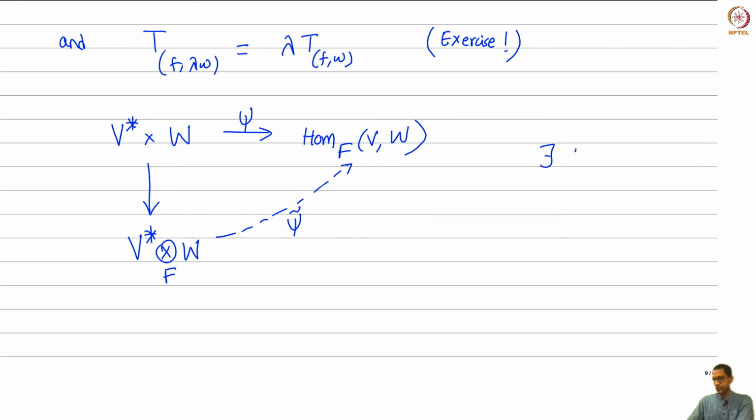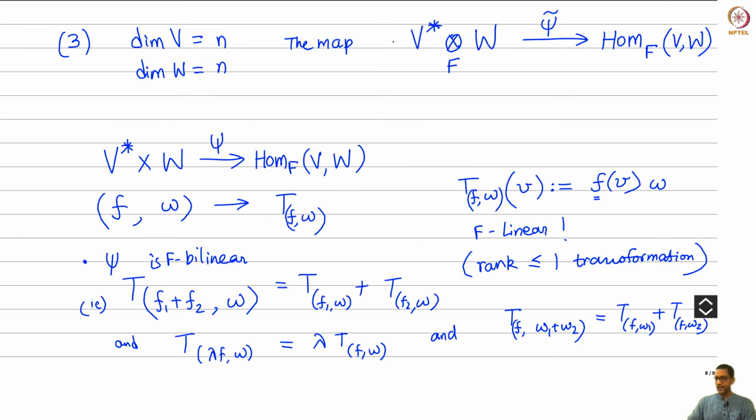So there exists a unique F-linear map psi tilde such that psi tilde on F tensor W is the operator T(F, W) that we associated. Now the claim is that this map is an isomorphism. So that's my point finally. The map psi tilde defined in this way is in fact an isomorphism of vector spaces.